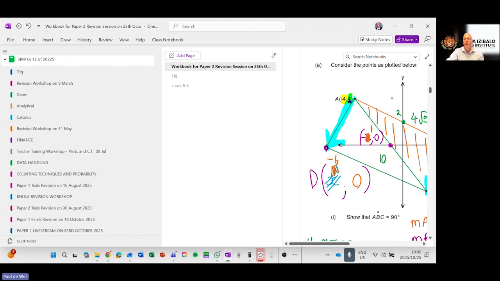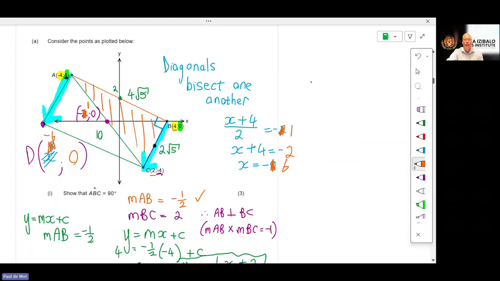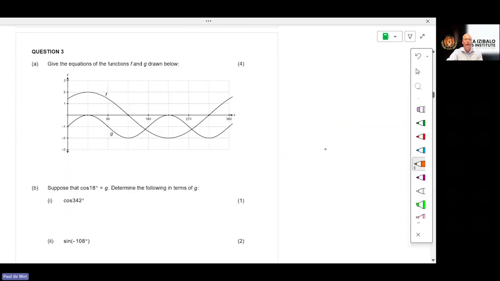Okay, let's answer this question now that we've reminded ourselves about how graphs work. I'm looking for the equations of each of these graphs. You can just answer for f, please.